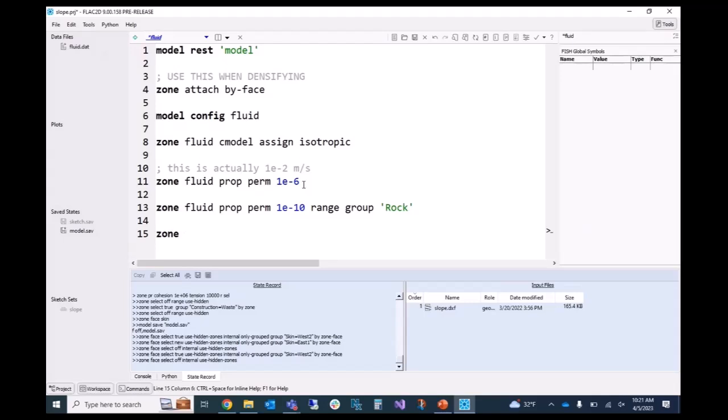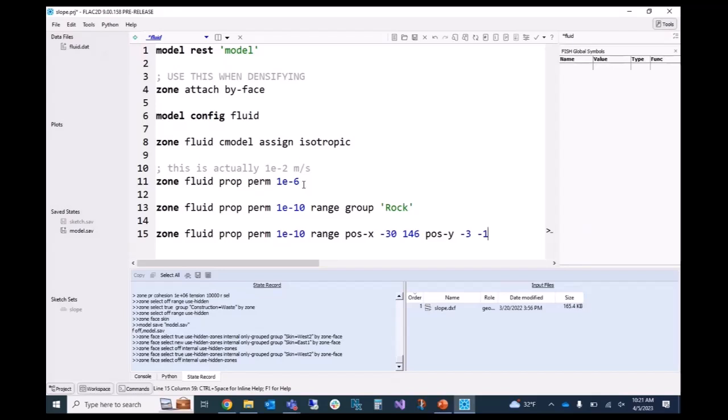And so we're just going to use coordinates. So I'm going to say zone, fluid, prop, perm, 1E minus 10, range, position X, minus 30, that's the left-hand side, to 146, and position Y, minus 3 to minus 1.